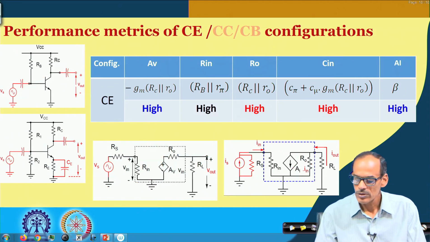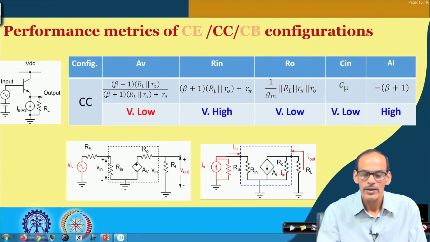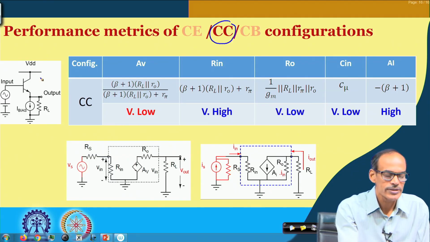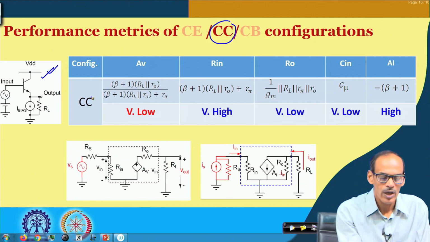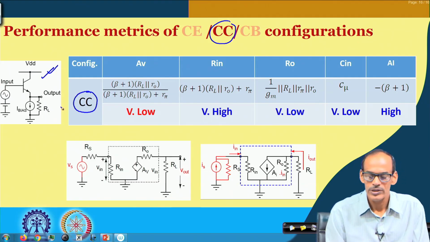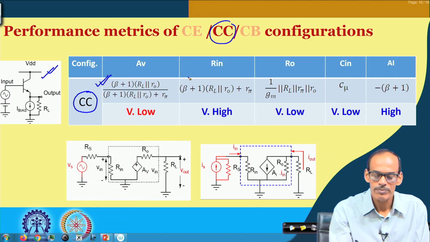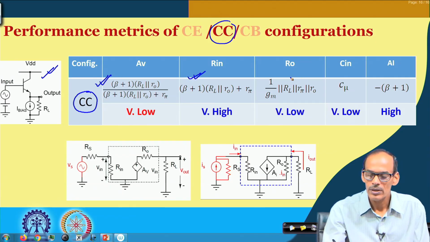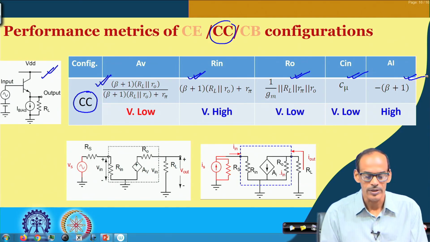Okay, so let me go to the next slide where we are summarizing the common collector configuration. We have the common collector configuration given here, and for this circuit also we have the detailed derivation of the voltage gain, input impedance, output impedance, input capacitance, and of course, the current gain.